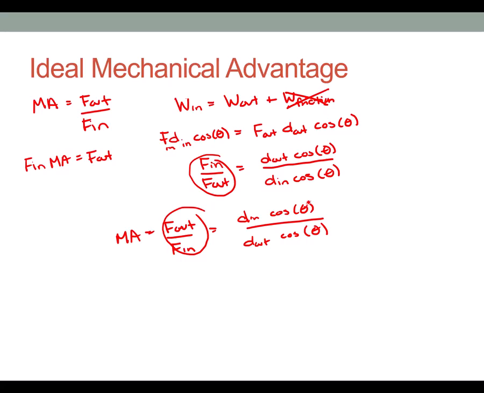And again, assuming the angles are the same, which is often the case, then the distance that the input moved divided by the distance the output moved is equivalent to the mechanical advantage, force out divided by force in. So we have two versions of this formula for the ideal mechanical advantage.